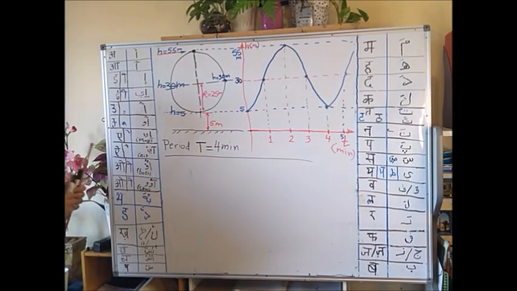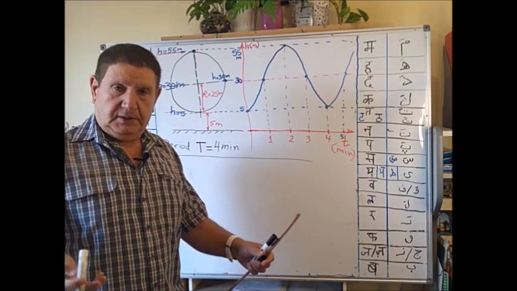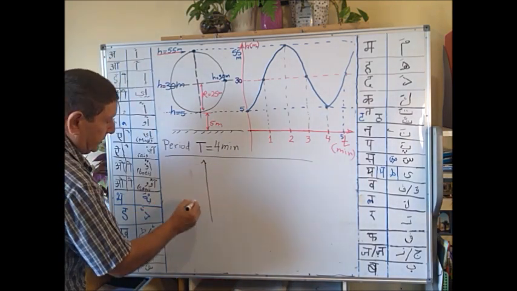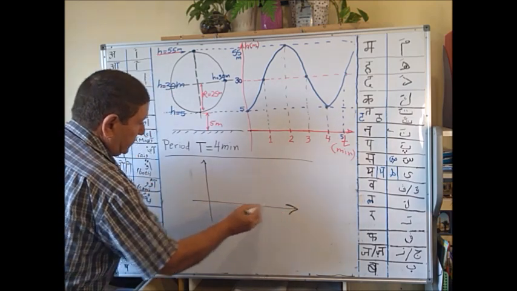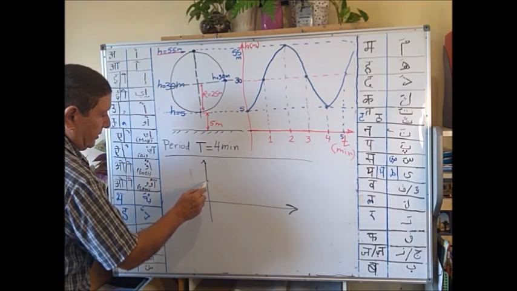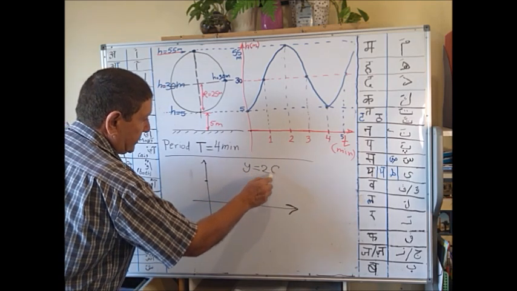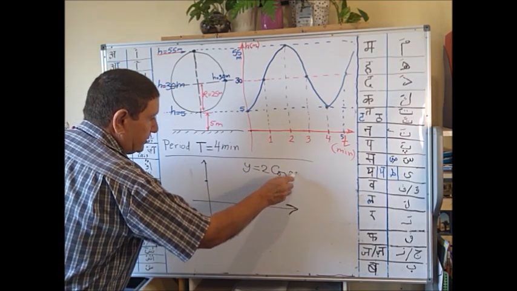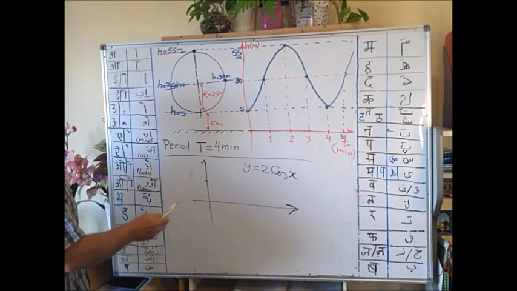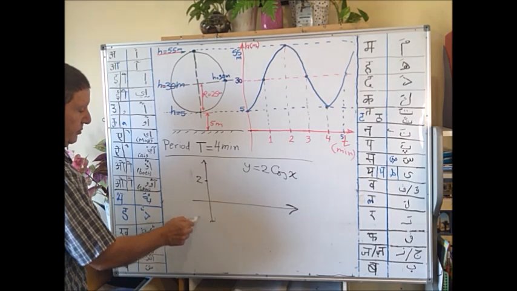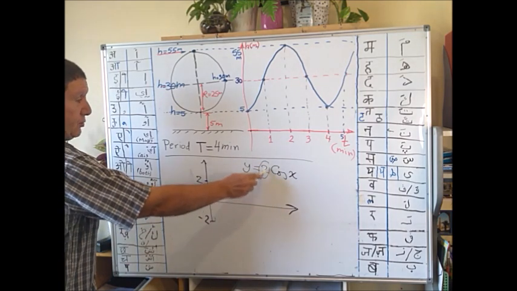As we know, the basic cosine function has the following shape. Let's say y equals cosine x, or let's say 2 cosine x. This should be 2, and this is minus 2.